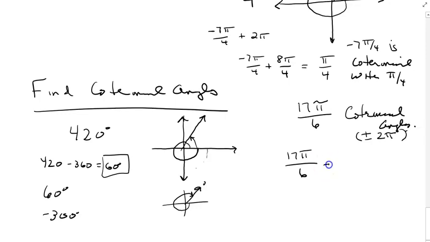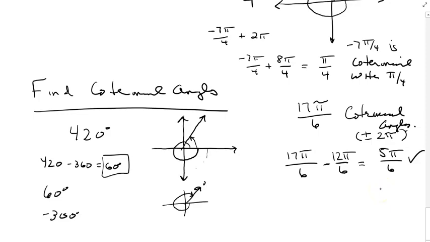So let's subtract 2 pi first, because it is positive and it's going to be mighty large. Subtracting 2 pi with something over 6, I'm going to make an equivalent fraction, so I'm going to use 12 pi over 6. So 17 pi minus 12 pi is going to give me 5 pi over 6. Awesome. There's a great example of a positive angle.